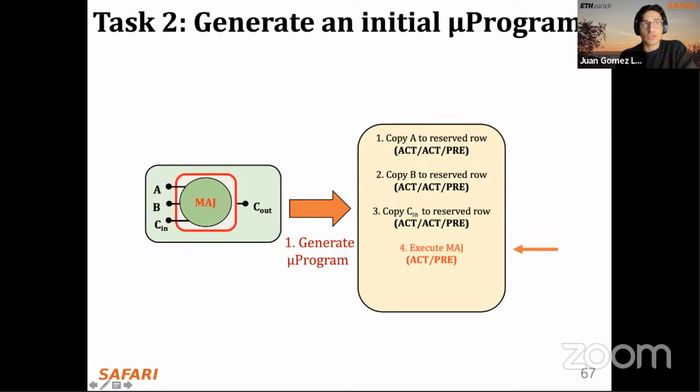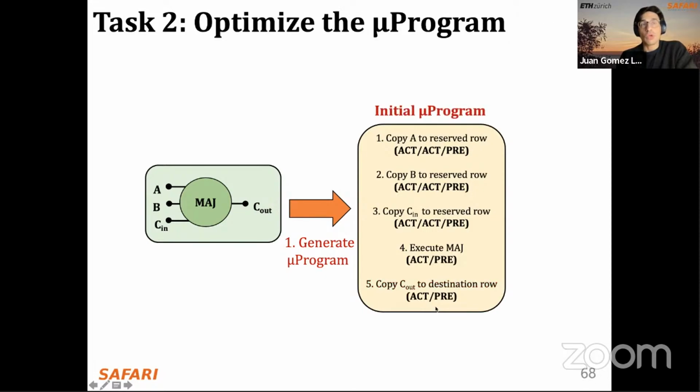After performing these 3 copies, we can execute the majority operation by issuing an activate and then one precharge, and finally we may want to copy the output to some destination row among the data rows of the subarray. So this is the initial microprogram, and we can later optimize it.